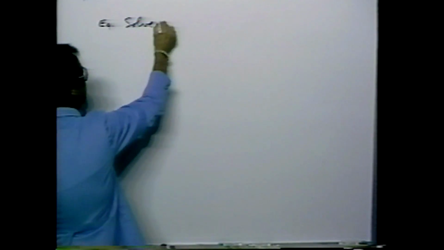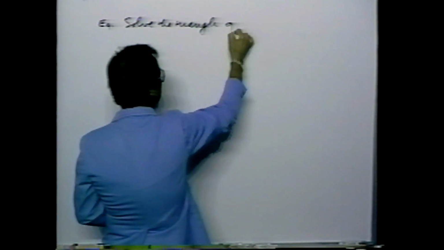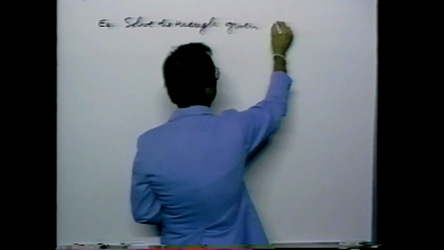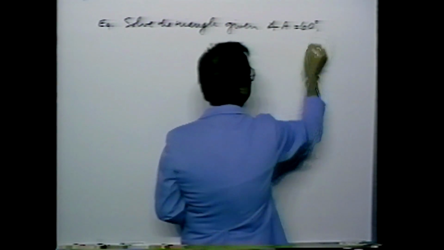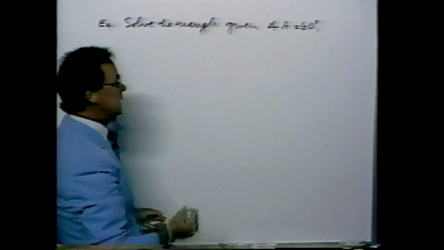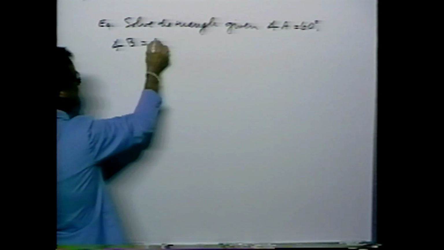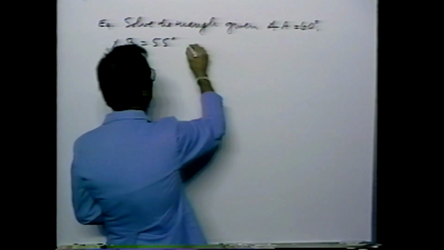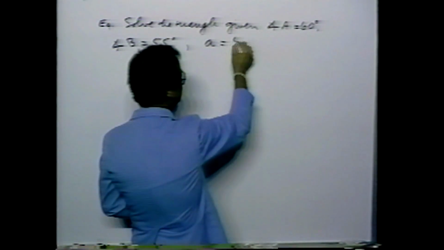That proves the law. For example, solve the triangle given that angle A is 60 degrees, angle B is 55 degrees, and that the side A is equal to 40 units.